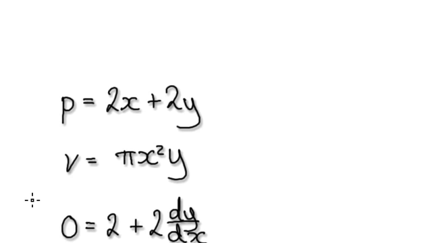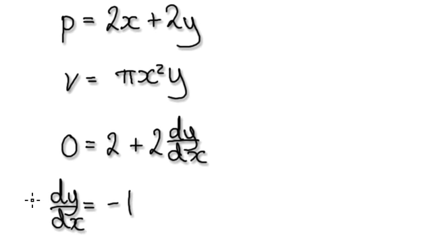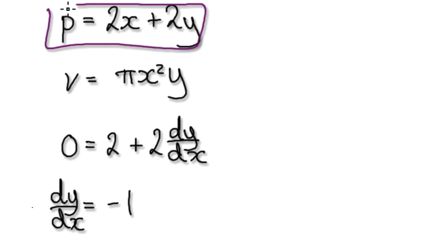Similar to the previous one, let's set up the variable p for the perimeter. Let's say the perimeter is p for the time being. This is our constraint here, and the volume is given by this.